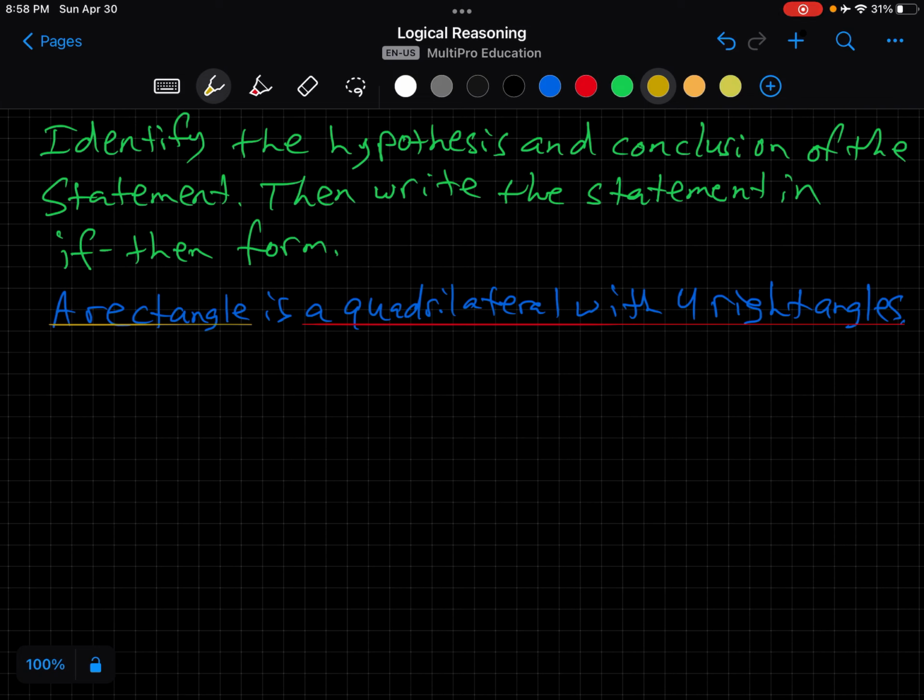So let's write it in an if-then statement.